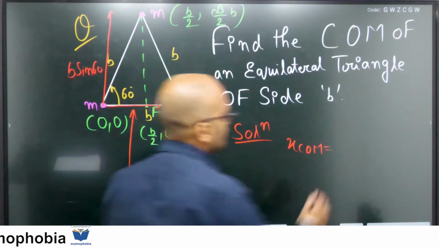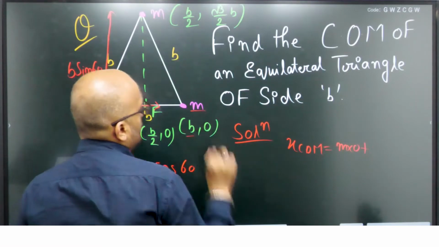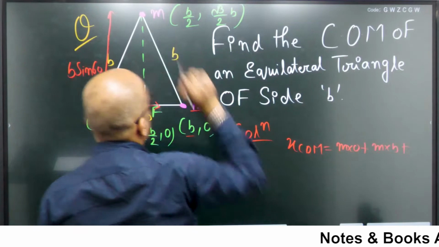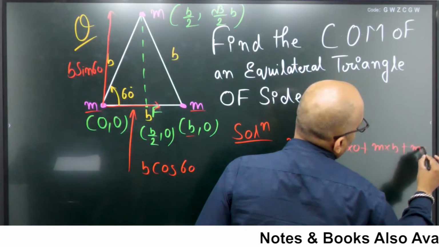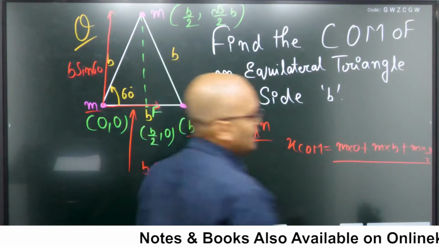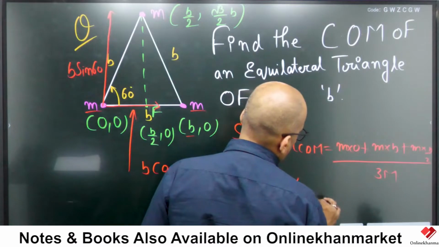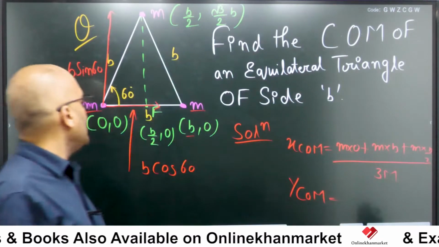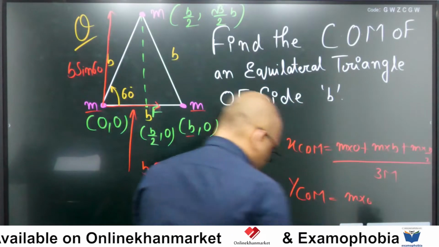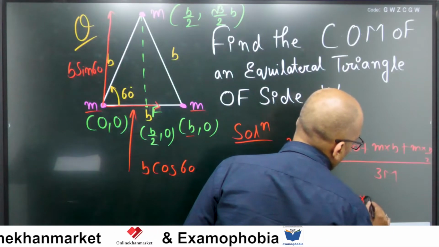So very simple: m into 0 for this one, then m into b for the second one, plus m into b upon 2 for the third one, divided by m1 plus m2 plus m3, that is 3m. And what will be the y coordinate of the center of mass? That will be m1 into y1, so m into 0, plus m2 into y2.